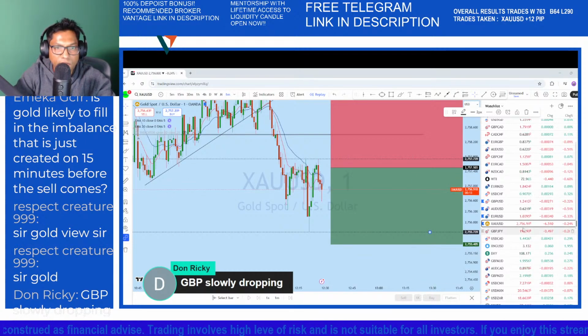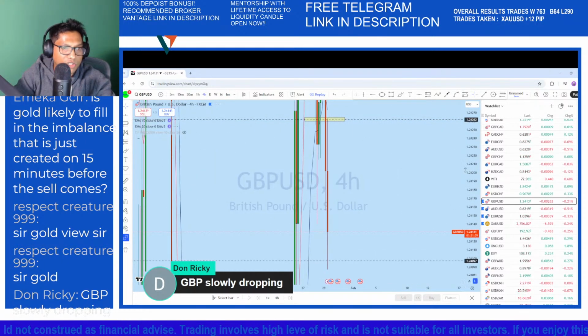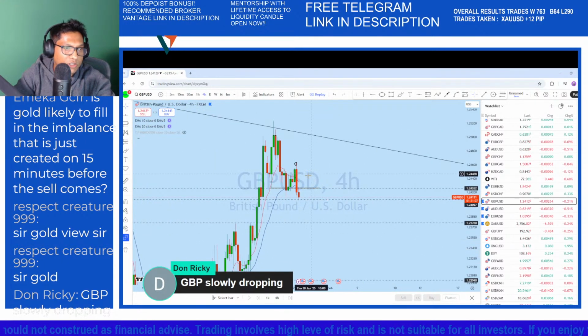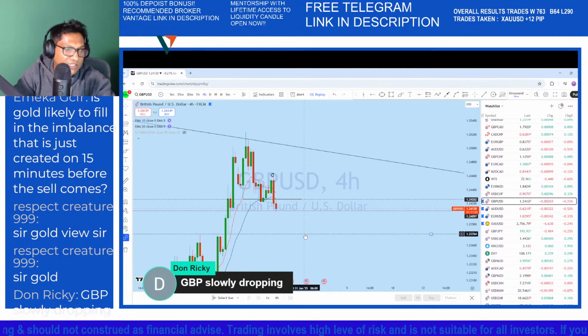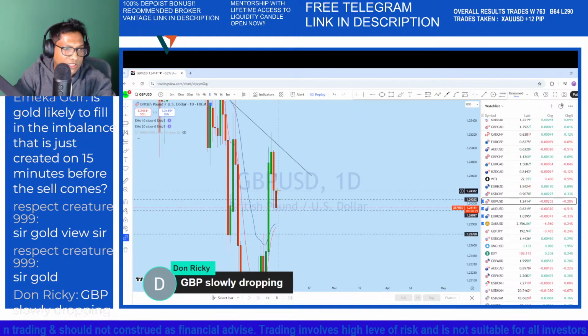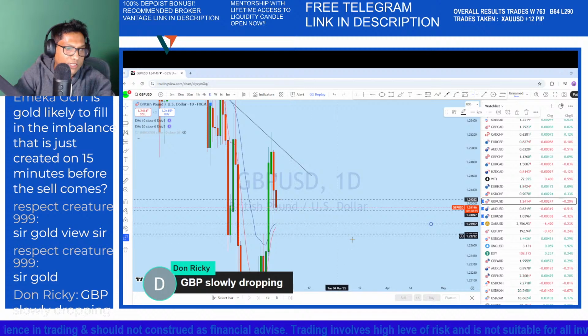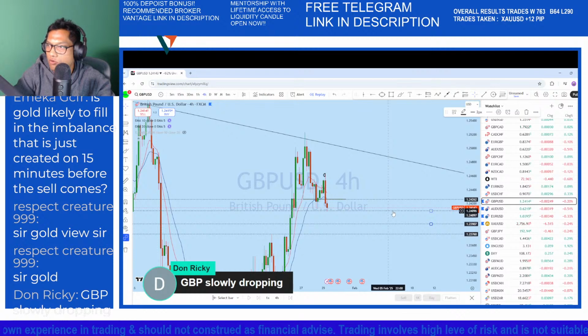And GBPUSD, let's quickly look at British Pound US Dollar here. You can see that GBPUSD from this level, there is a 4-hour bearish engulfer, and we might see this market coming back to that level. This is the daily chart, where this is the daily 20 EMA, which is a very important level to look at, which is also the high liquidity zone on GBPUSD.